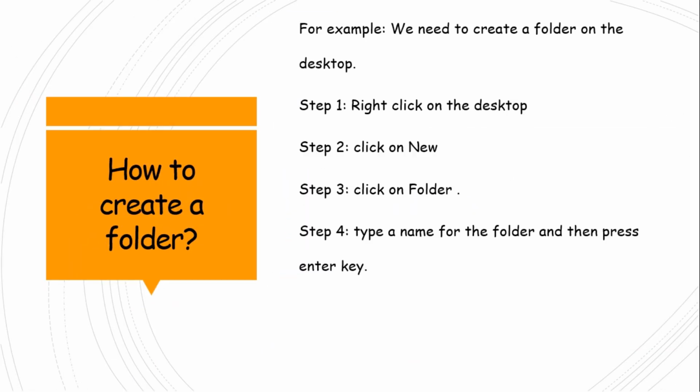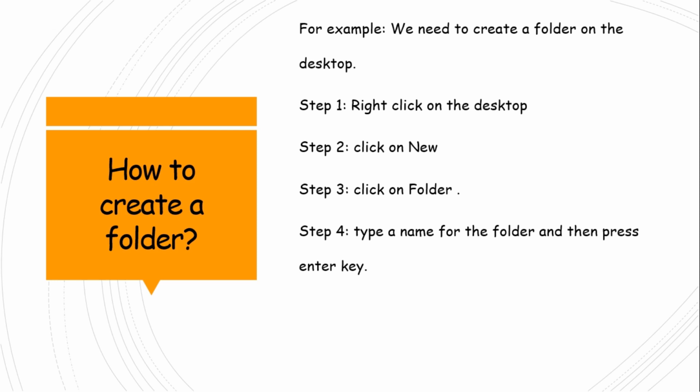Now, if you want to create a folder, how will you create a folder? Let's consider the example. We need to create a folder on the desktop. First, you right-click on the desktop. Right-click means to click on the right button of your mouse.